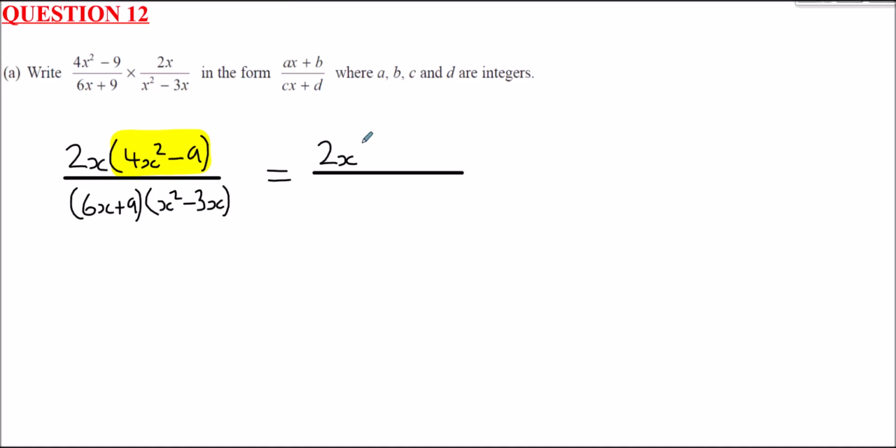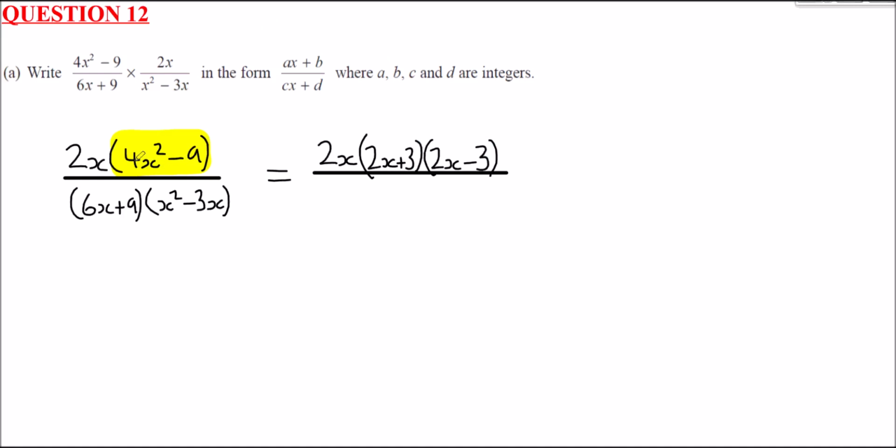4x squared is 2x multiplied by 2x, and also 9 is a square number. So because it's minus 9, in one bracket we put plus 3, and in the other bracket we write minus 3.